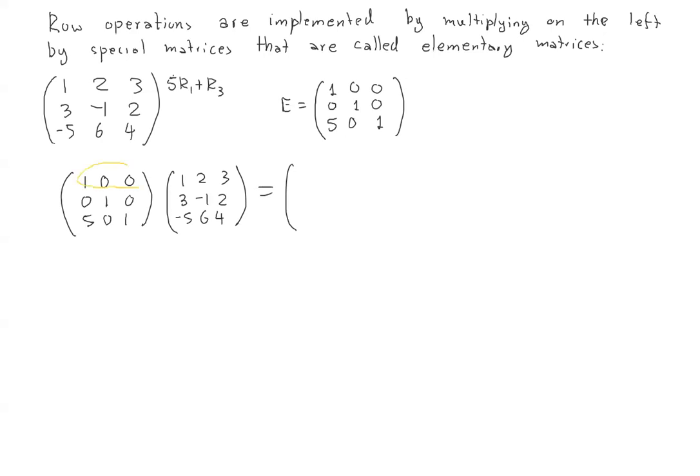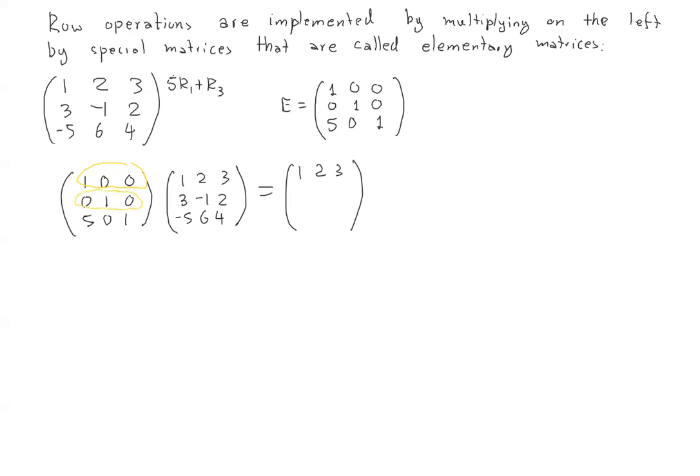So when you multiply it by each of the columns, what are you going to get? You're going to simply get the first entry. So this is going to change nothing. So it's going to give you 1, 2, 3.